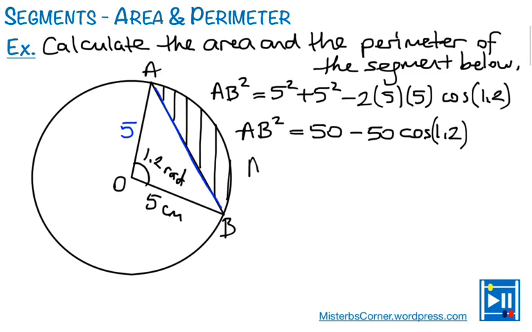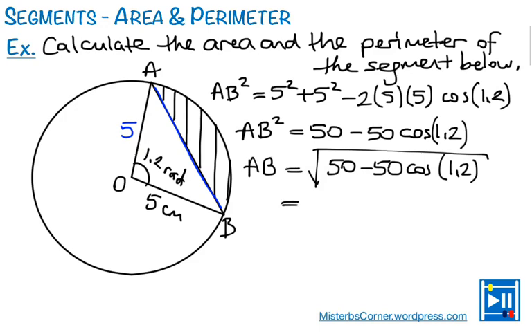So I'm going to end up with AB being the square root of this expression, 50 minus 50 cosine 1.2 radians. And this will give me 5.6464 and so on, where I would round this to 4 significant figures to be accurate enough. So it's going to be 5.646 centimeters.